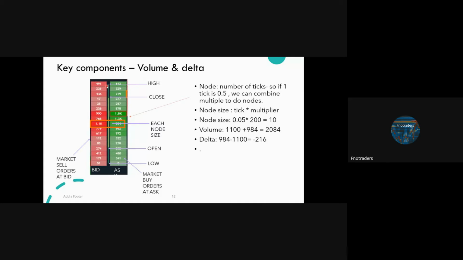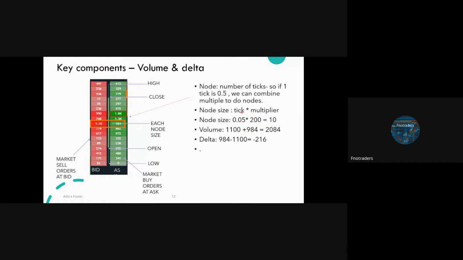Depending on the size of the instrument, Bank Nifty is around 45,000, 46,000, 47,000 today. So Bank Nifty nodes will generally be 10 points or higher, and you generally have to keep it at 200 or more to make sense of it. Nifty would probably be half of that or even less, given the size of Nifty. Similar concepts will apply on stocks also, in terms of how much footprint to use.